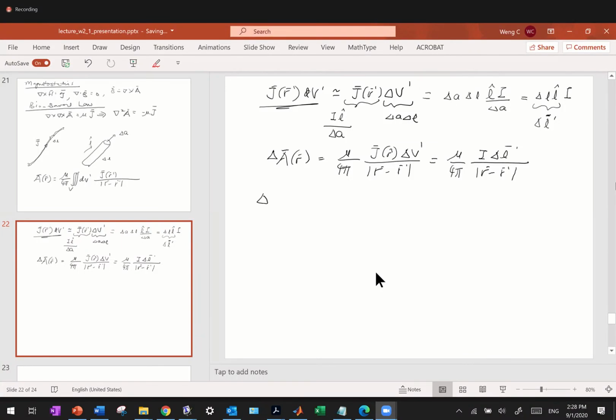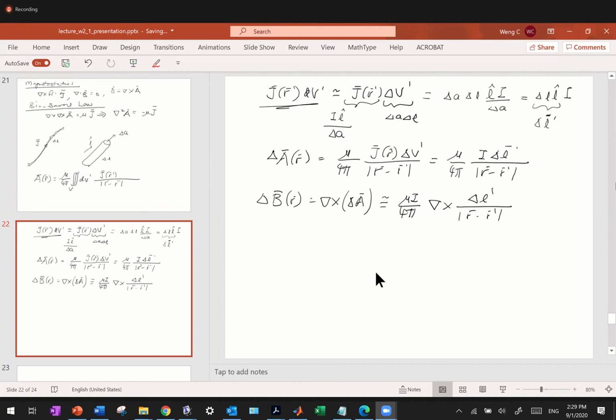And then the incremental magnetic field is given by curl of delta A. Remember that the curl of A is B, so curl of incremental A would also give the incremental B, and using this expression, that would be equal to mu over 4 pi, and put the I on this side, and then curl of delta L prime over r minus r prime.